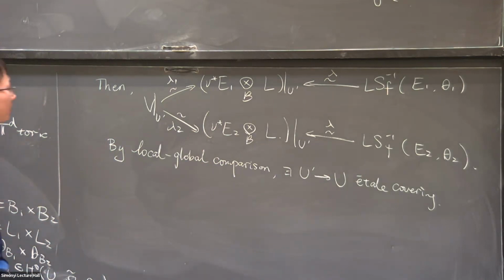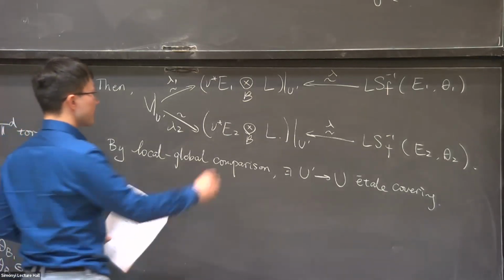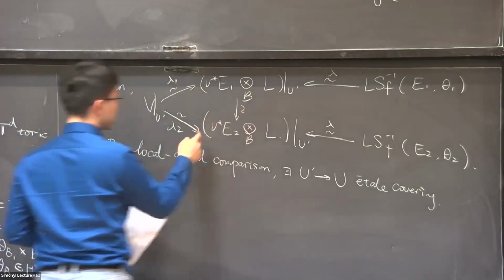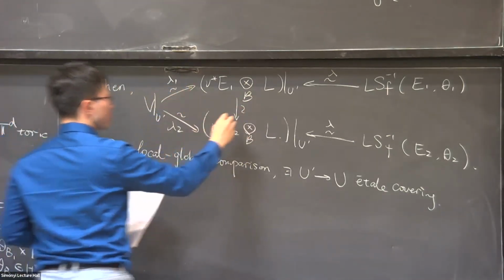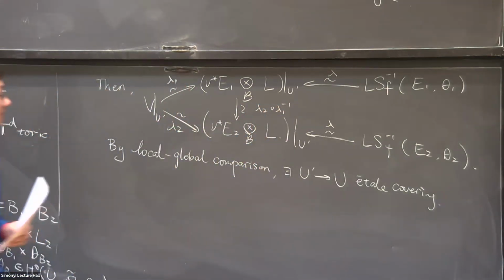Okay, so here comes the key ingredient of the proof: we consider the composition of these two isomorphisms, number two composed with number one inverse.